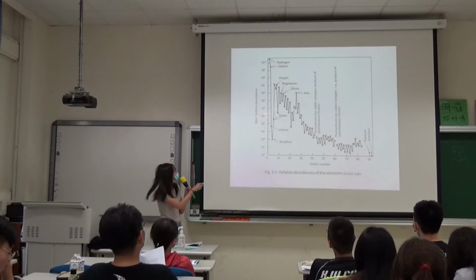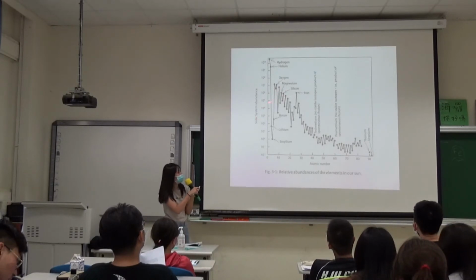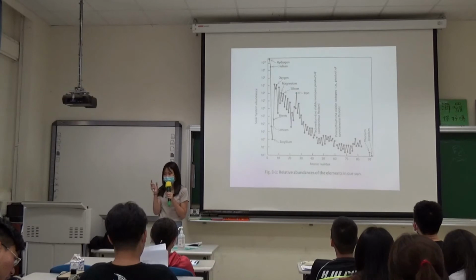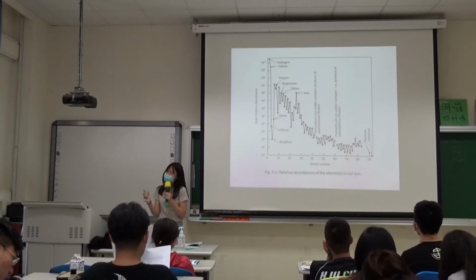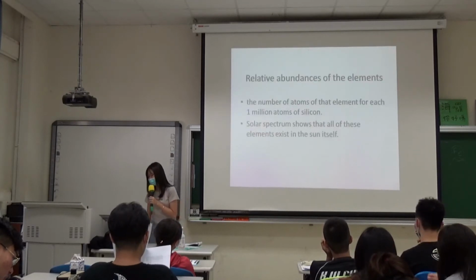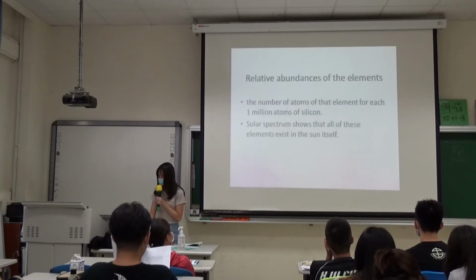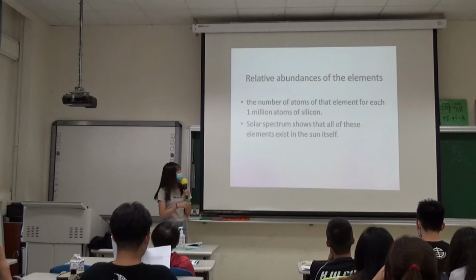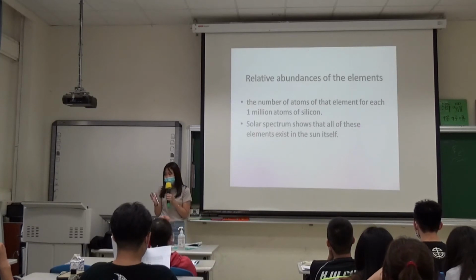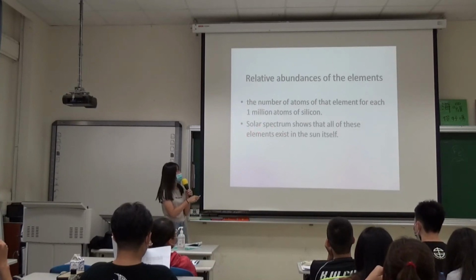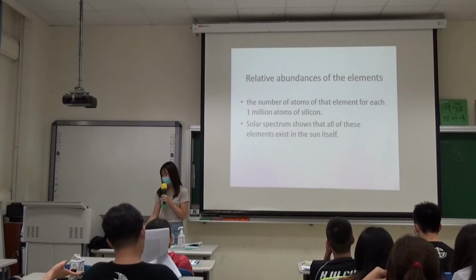So it serves as the reference, and then they draw up all the element abundances. They can know the elements from the solar spectrum that we learned before in class.